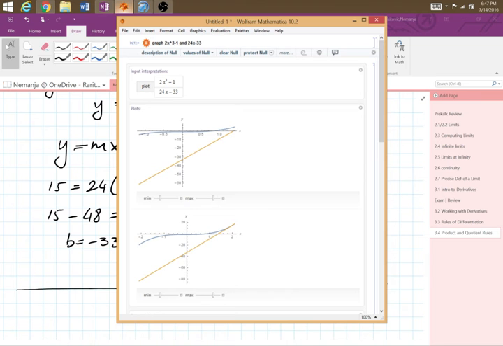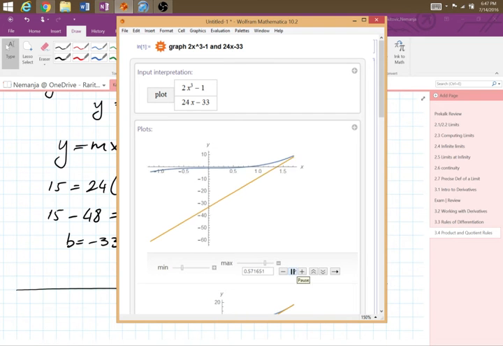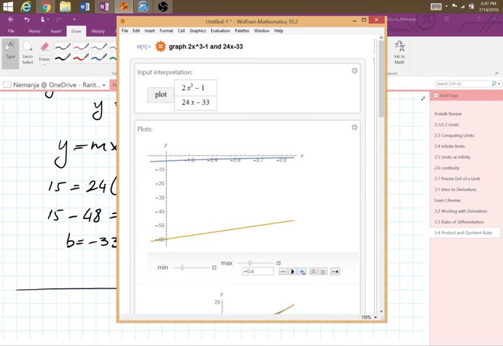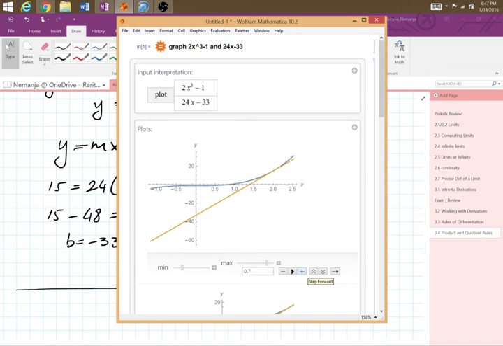And we do not see the intersection yet, so we'll first make it larger, and there we go.